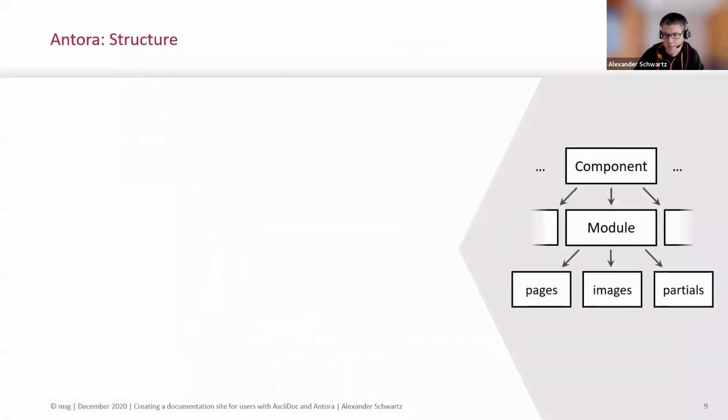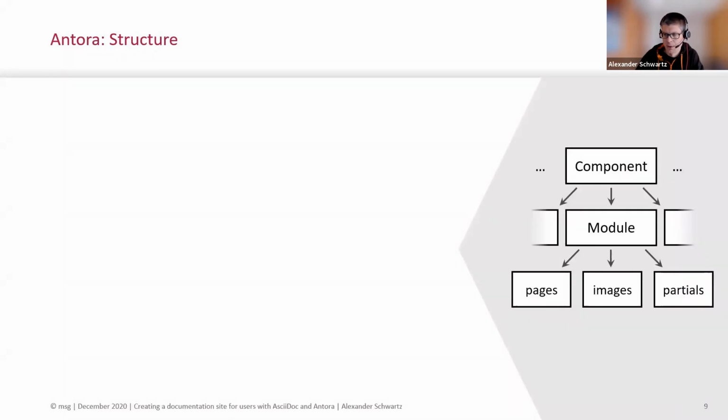Setting up Antora, as I said, there are some concepts that Antora brings to the setup. The top level structuring element is a component. A component has a version and a name. So everything that you would release on a separate release schedule or with a separate build would be versioned at component level.